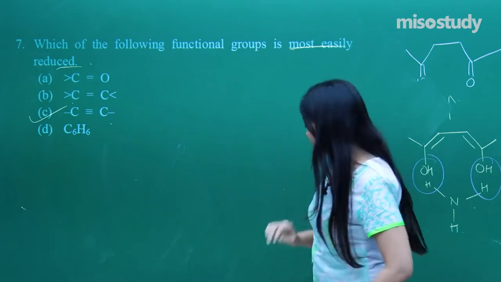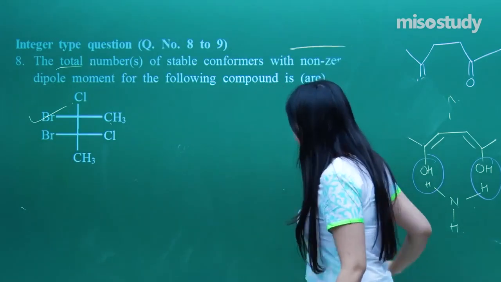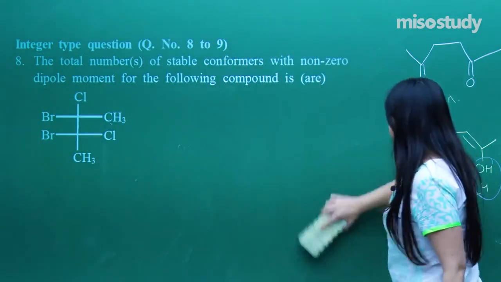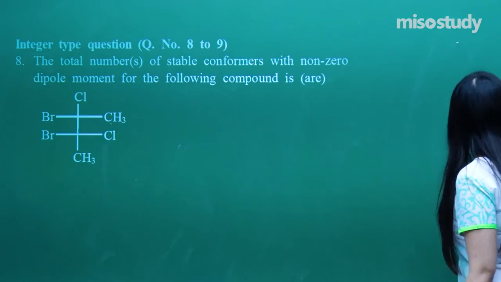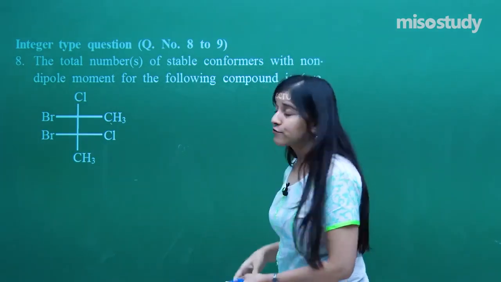I hope everybody is following. Let's move on to the integer type questions. Now we have the integer type. What does it say? I've got a compound here, the total number of stable conformers.